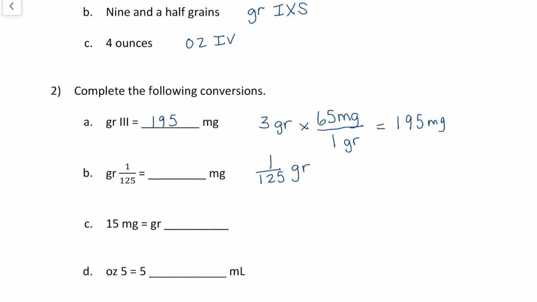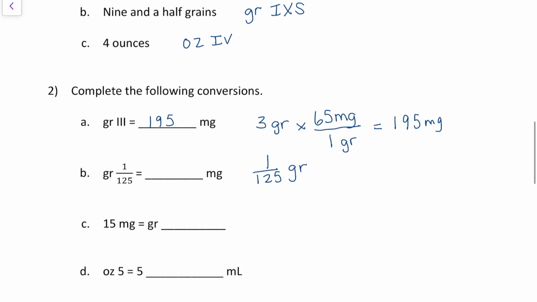So up to you, but I like to write it after within my rough work. So I have 1 over 125 grains, and again I'm going to times by 65 milligrams in 1 grain. So I'm going to do 1 over 125 times 65, and I get 0.52.